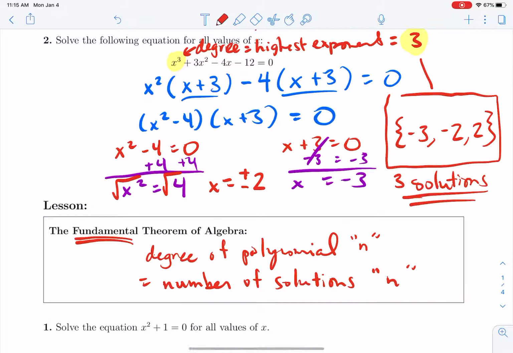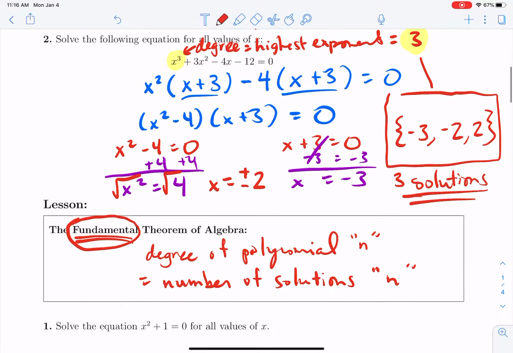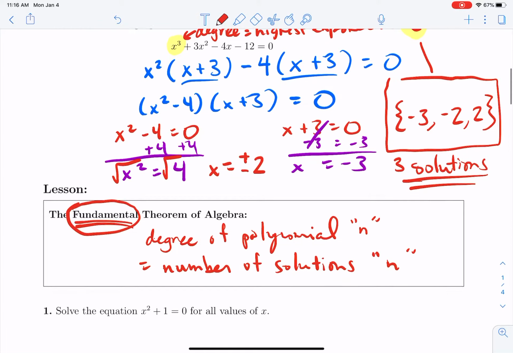So if I have a polynomial with degree 3, I know I'm going to get 3 solutions. And this is a fundamental theorem, meaning it's central. It's so important to algebra that we can't ignore it.